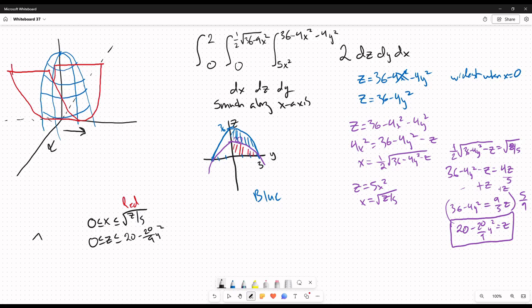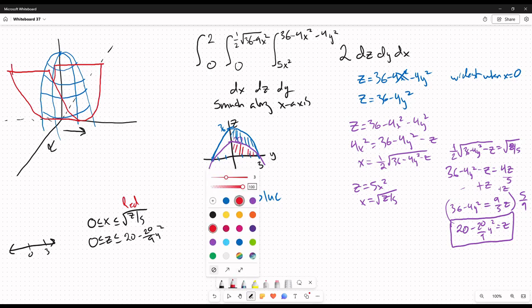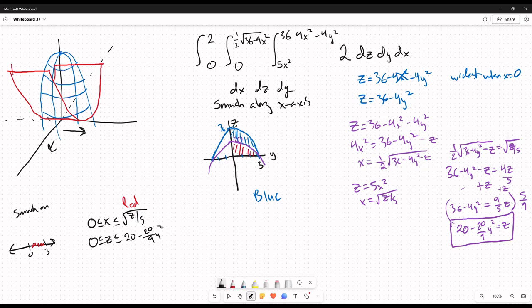When I smush down on the z-axis, I'm just going to have the spot that's between 0 and 3. That's what y is going between. So this is where we smush on the z-axis. We get that y is between 0 and 3.